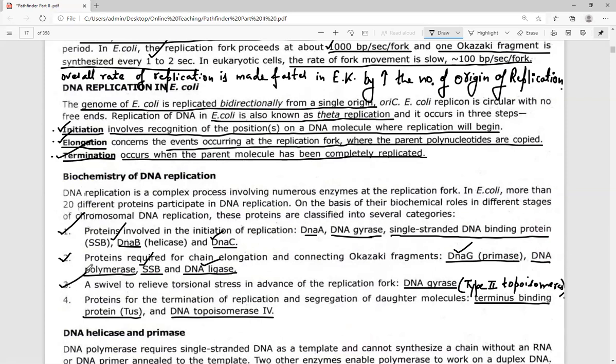A swivel protein to remove the supercoiling is referred to as topoisomerase. And the last proteins are the Tus proteins and DNA polymerase IV. So these are the proteins involved in the process.